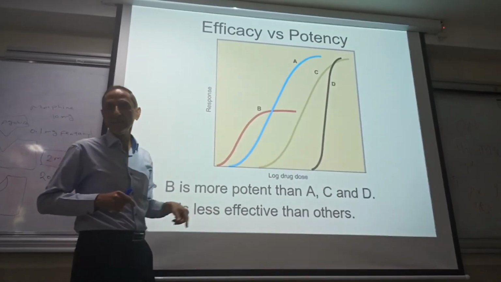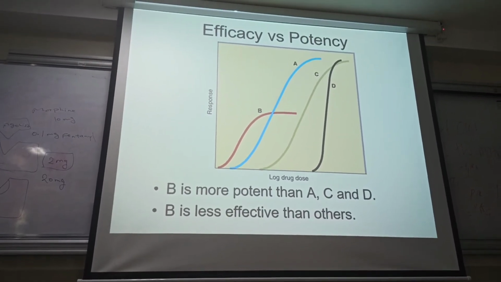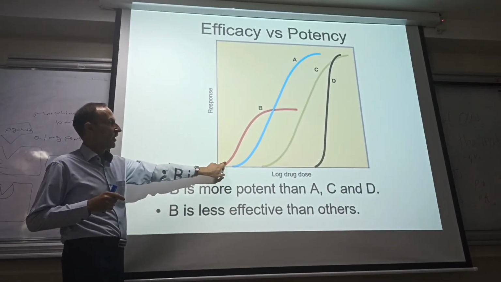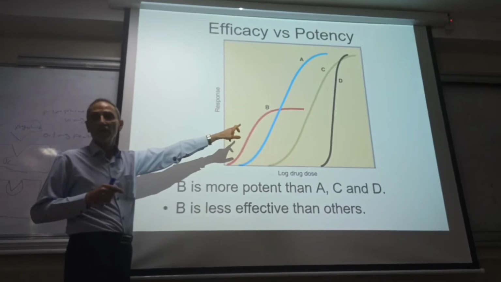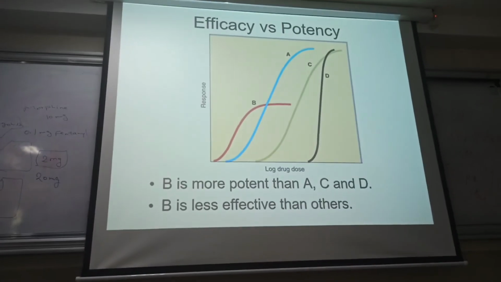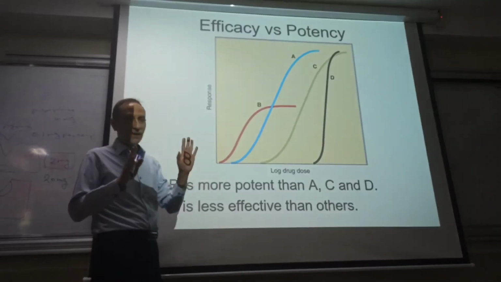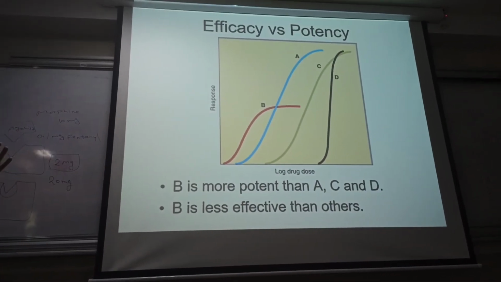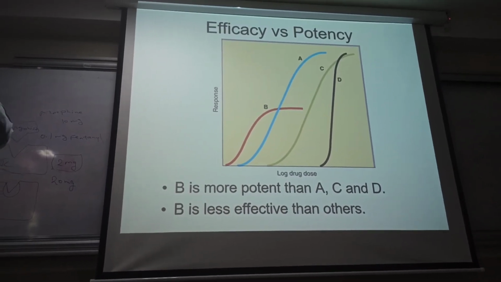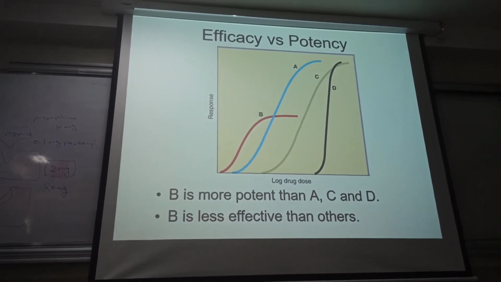B has less efficacy than the other three. Okay? And here you see that the potency of B is greater than A, C, and D. Is it okay? So potency is related to dose, but efficacy depends on the maximum effect. Sir, B does not produce the same effect as A.